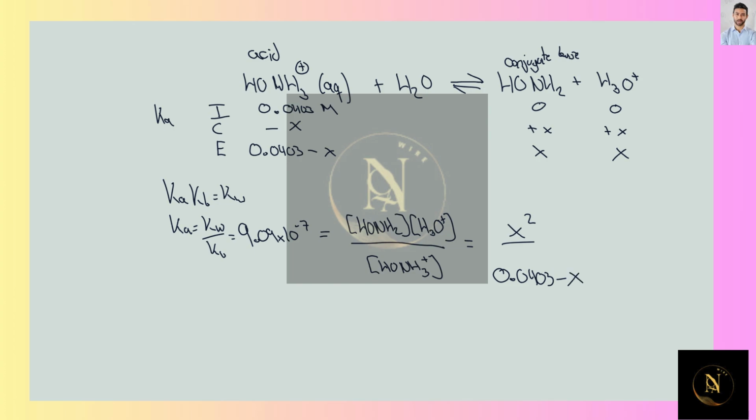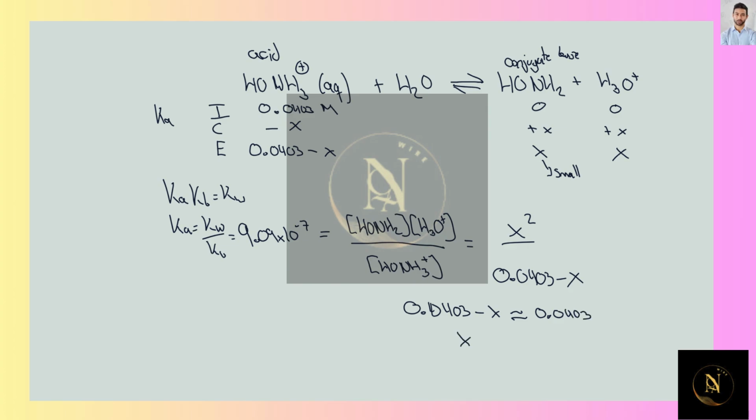This becomes x squared divided by 0.0403 minus x. Now we know that the value for Ka is very small, right? We have a value of 10 to the minus 7. That means that x is going to be very small. So we can approximate 0.0403 minus x as approximately 0.0403.